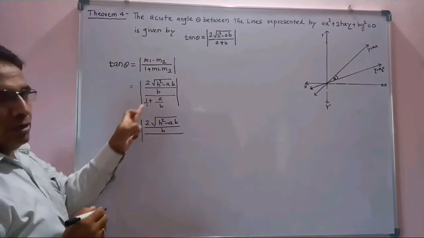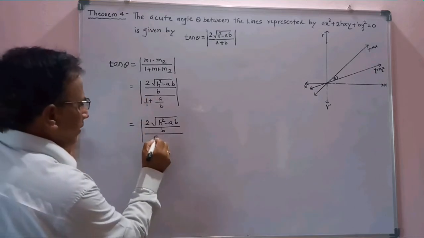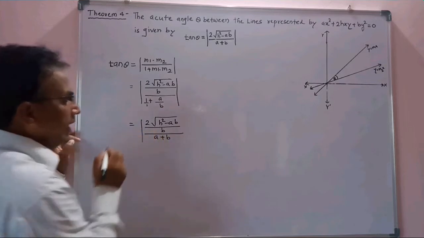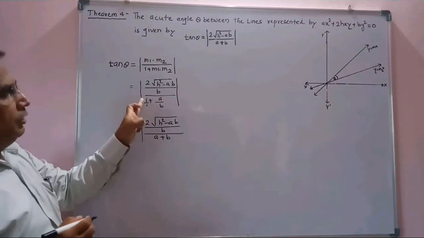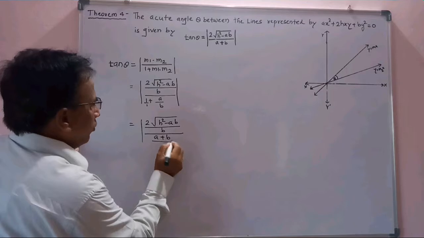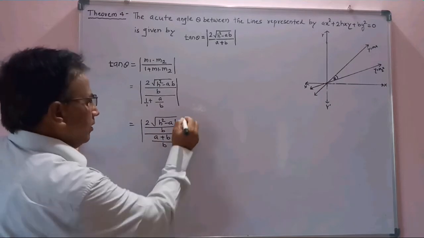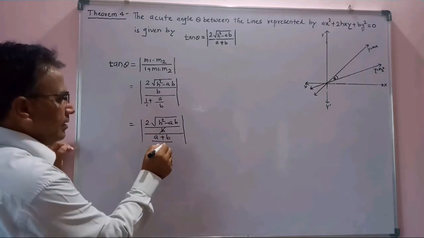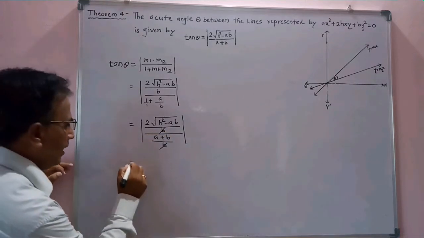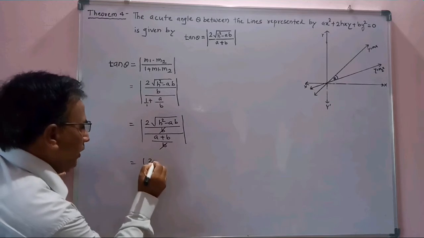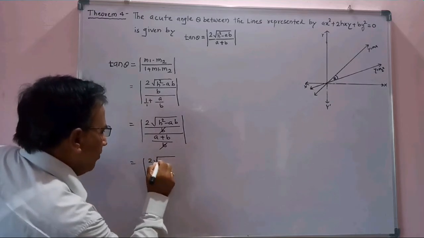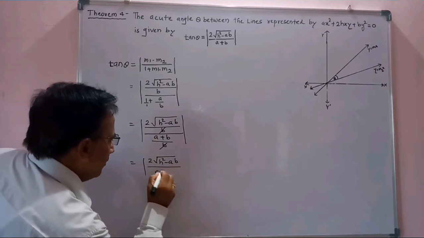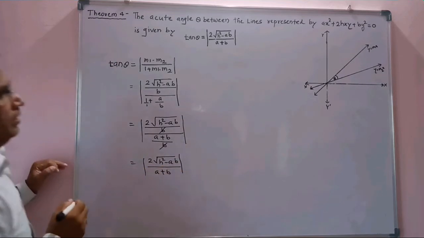1 into a, cross product of this term, 1 into a plus b into 1, that is a plus b, divided by 1 into a, 1 into b, the product is ab. The bases are the same, so b divided by b cancels. So we get 2 into mod of 2 into root h square minus ab divided by a plus b.